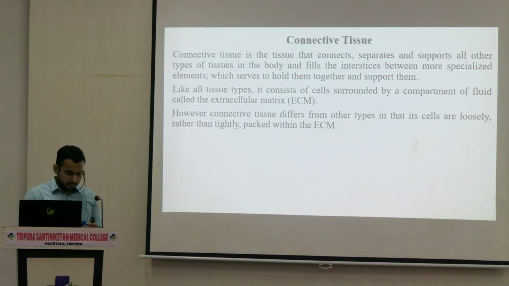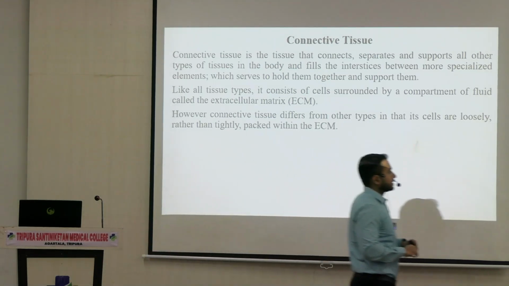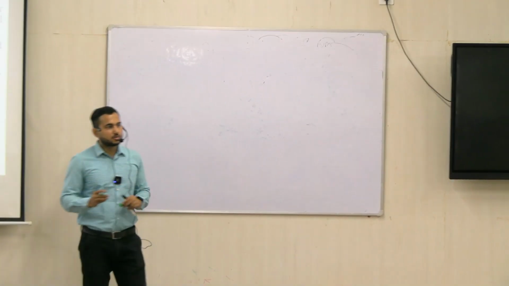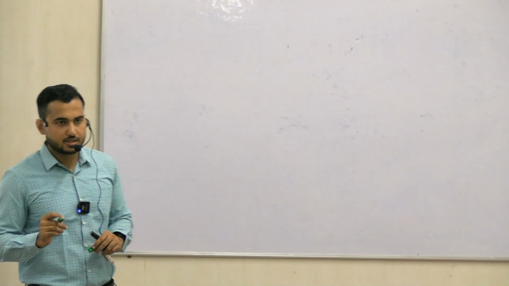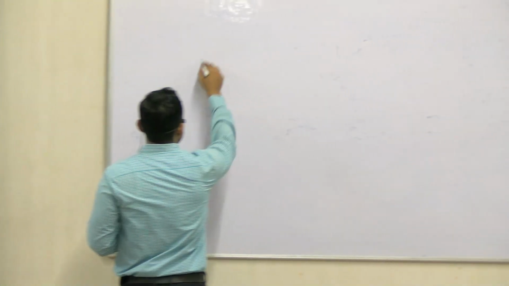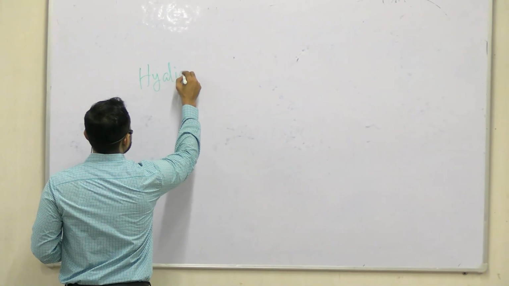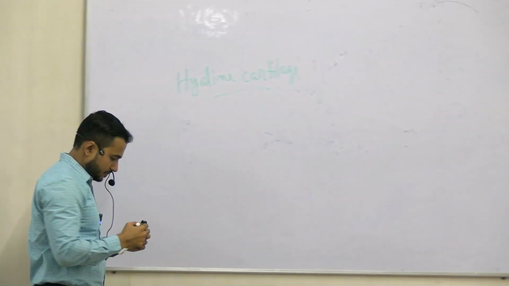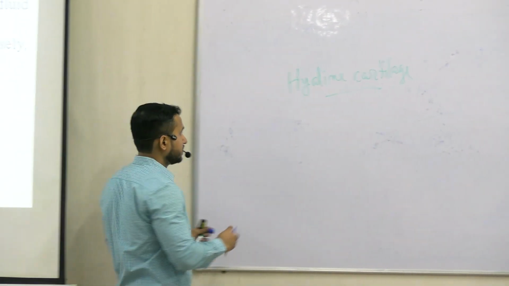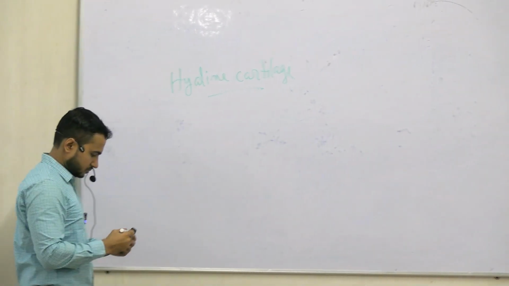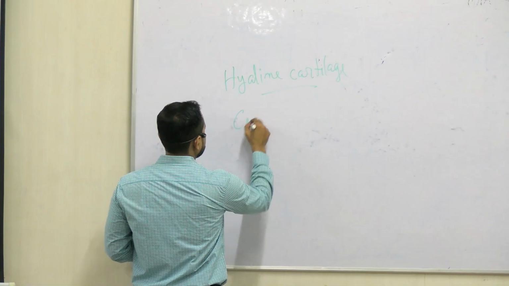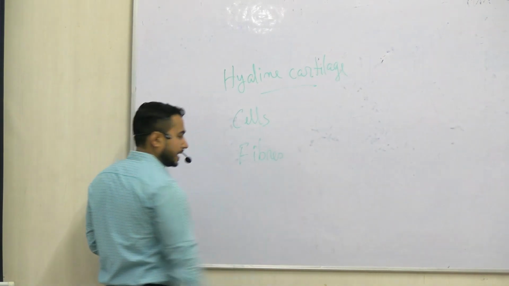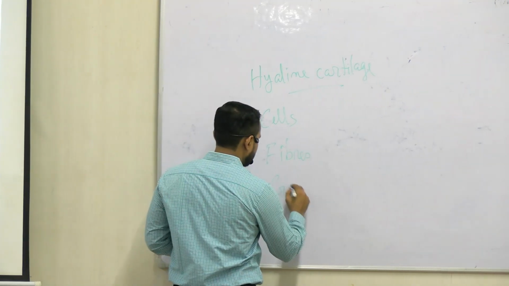Okay, I'll give you an example. Now, when you have studied about the hyaline cartilage, so how many types of cartilages are there? Three types of cartilages: hyaline cartilage, fibrocartilage, and elastic cartilage. Now, when you studied the hyaline cartilage, you observed that in hyaline cartilage you are getting cells, you are getting some fibers, and you are also getting ground substance.